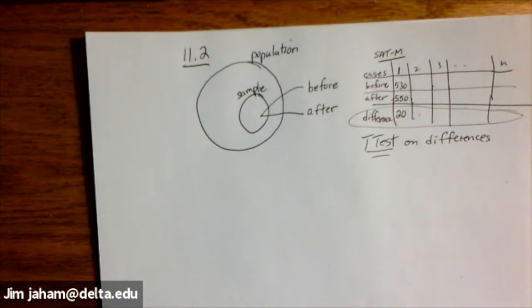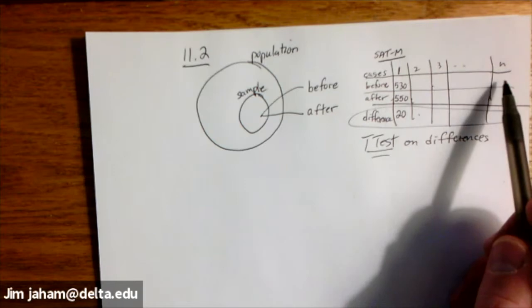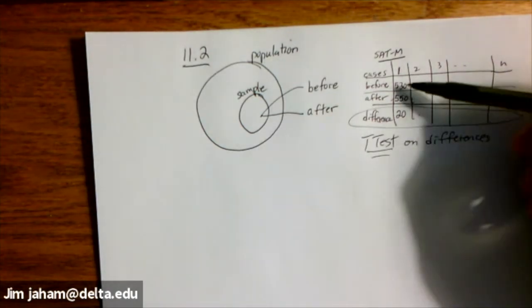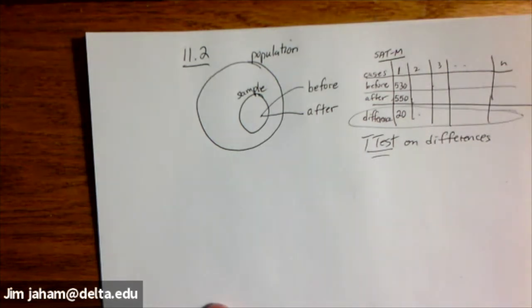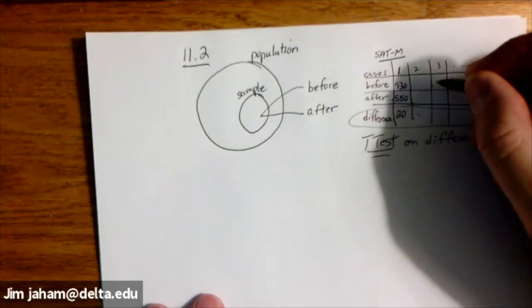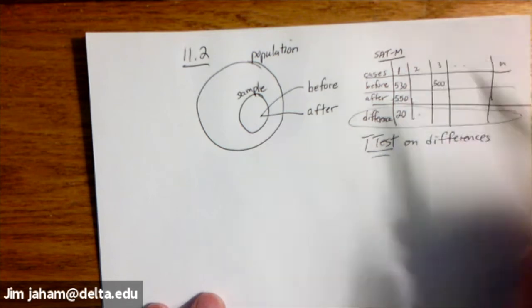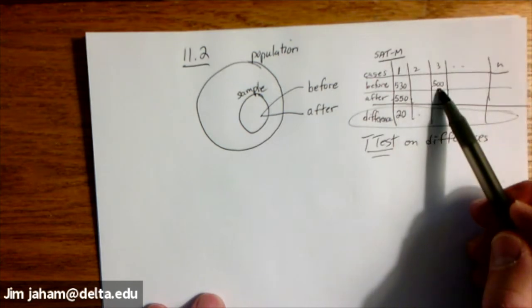So even though we have 2 groups, two sets of measurements that we can calculate the average for, in this case, we're going to do the differences first because this score is related to this one. If you had another student, let's say student 3 over here, that had just a 500 score, we would expect this score to be lower than the 550 because it comes from student 3.